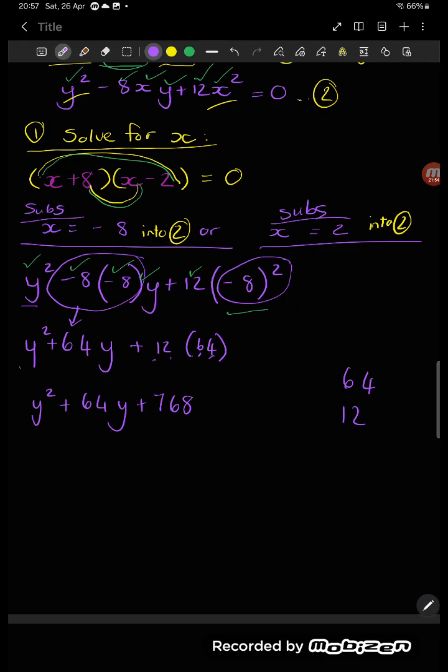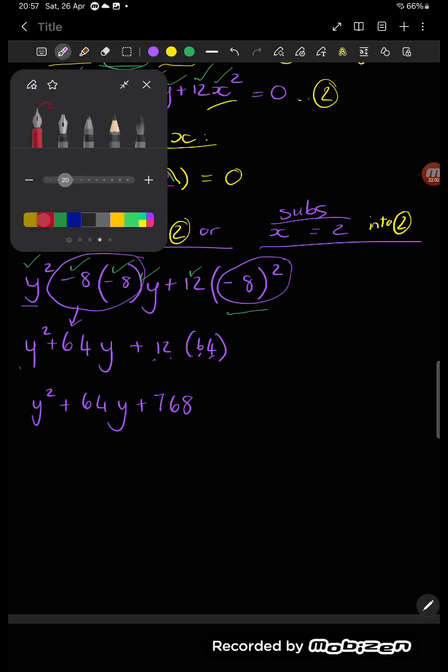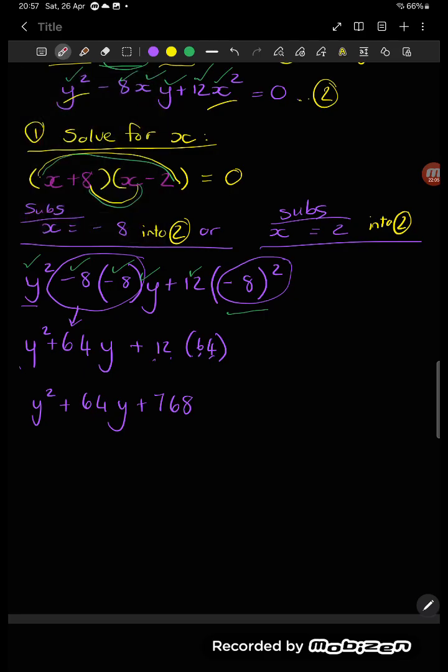But now we have something called our beautiful quadratic equation. And the quadratic formula is, if you cannot find the roots, we're going to use this. We're going to say minus b plus minus the square root of b squared minus 4ac, over 2a.